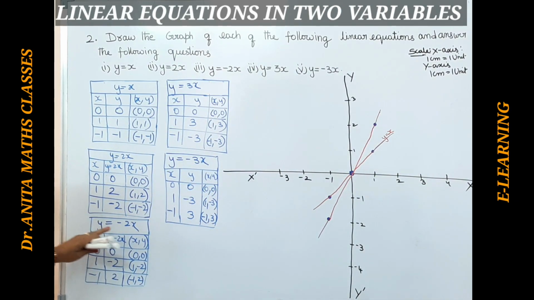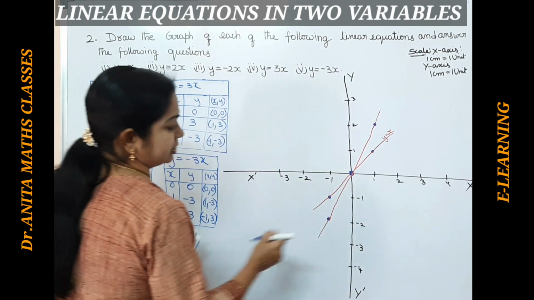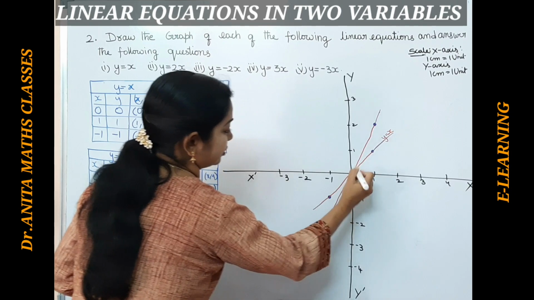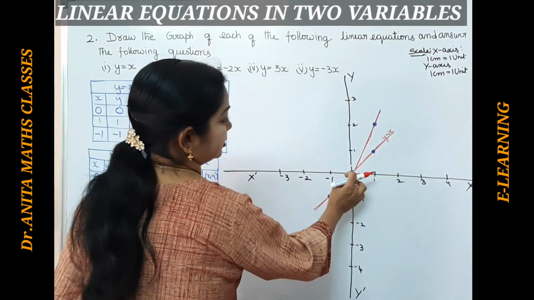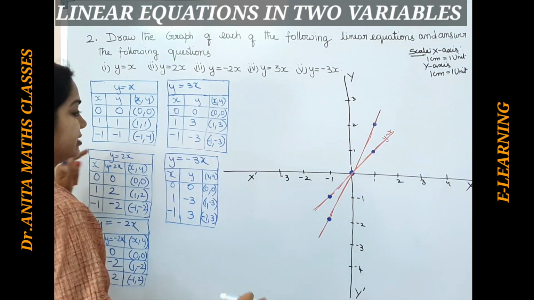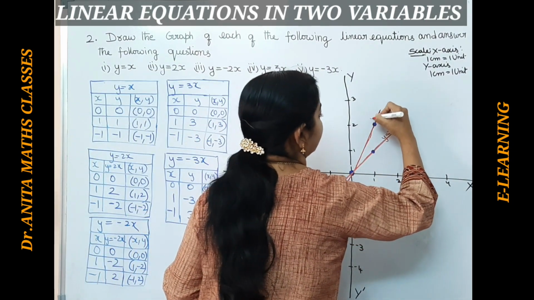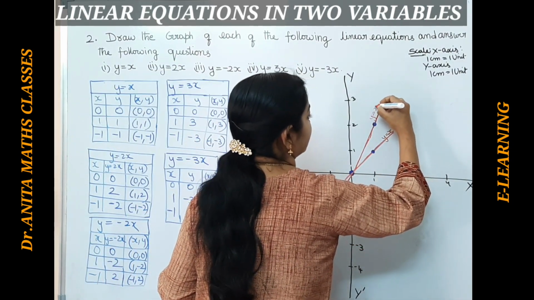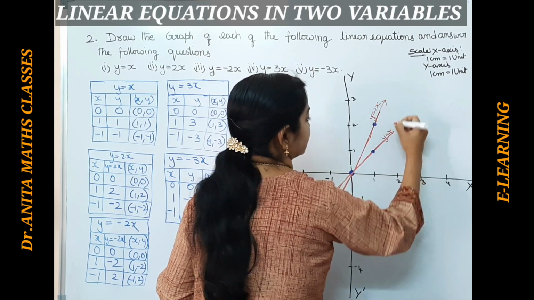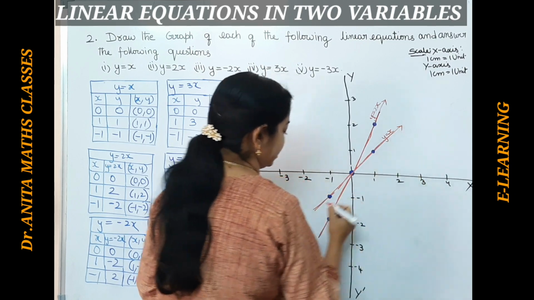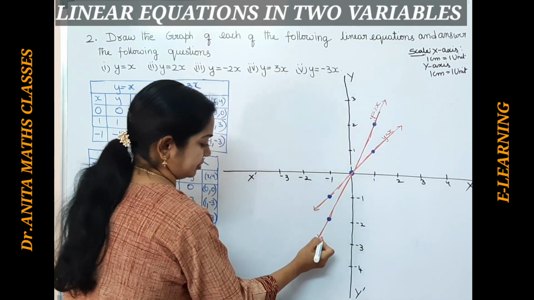So these 3 points give the graph y is equal to 2x. Just write immediately y is equal to 2x on this. Let us extend this and keep arrows here.